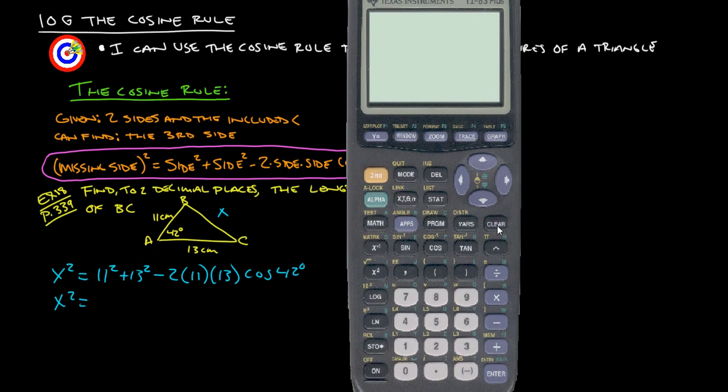So let's figure out what that is. Let's do 11 squared plus 13 squared minus 2 times 11 times 13 cosine of 42 degrees, and that gives us 77.46.